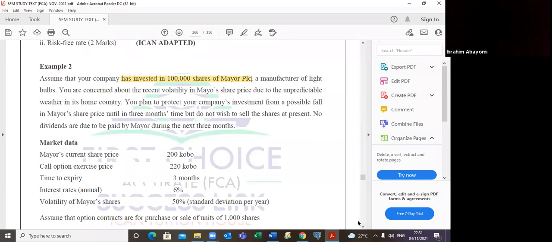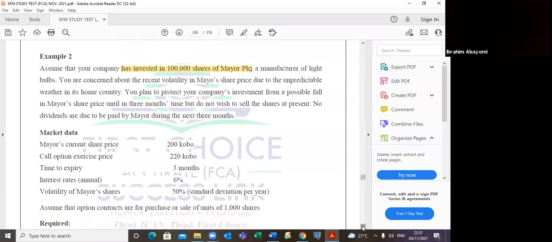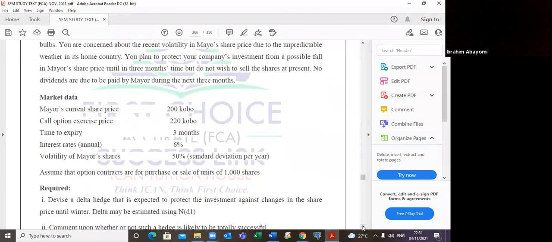If you look at the requirement, it says devise a delta hedge that is expected to protect the investment against changes in the share price until winter. If you want to devise a delta neutral hedge, you have to calculate the number of options required.